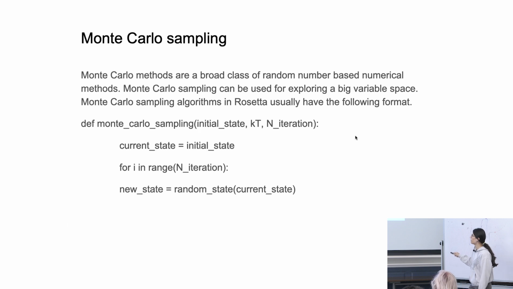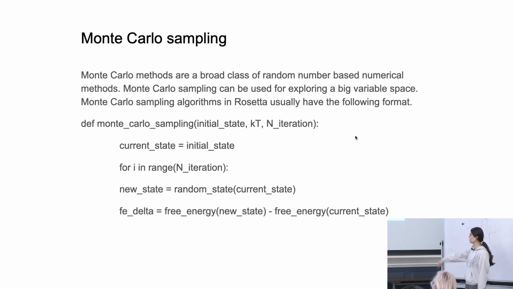So at our starting point, the state that we accept is always the initial state because there is no other state. And then for a number of iterations, so this might be the number of tries that we're willing to have, we can go through and try to sample a random state from the current state. So make some perturbations to the current state and randomly make those perturbations, and we'll call that our new state.